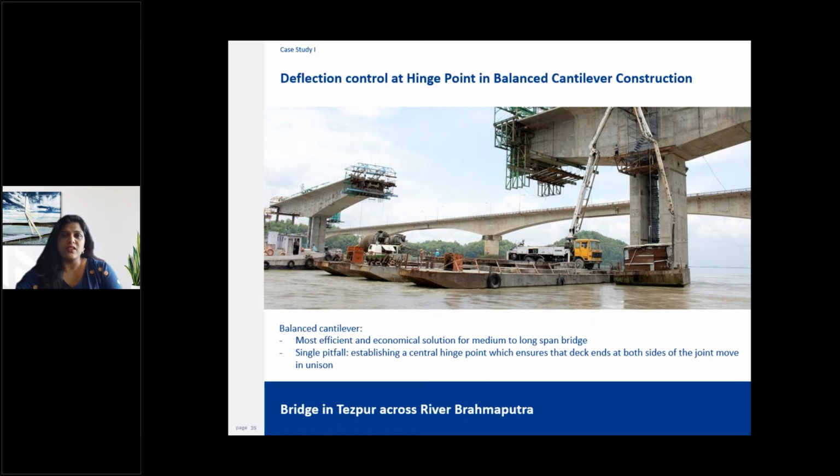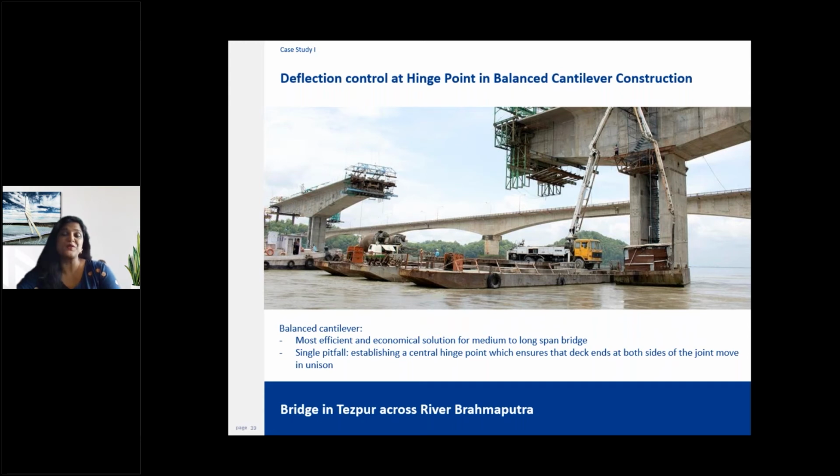Back in the day, when the computing power of computers was much lesser, one encountered a lot of problems while analyzing the structure itself, right? So engineers introduced a hinge point at the mid-span location to make the structure statically determinate while simultaneously enjoying the perks of the balanced cantilever construction, which was pretty intelligent.